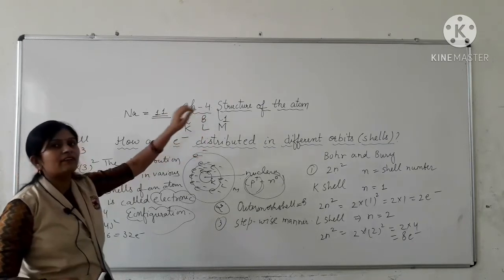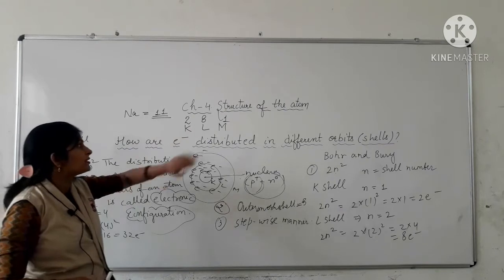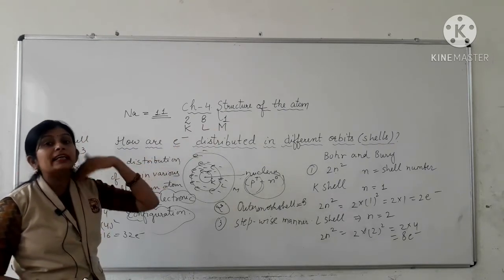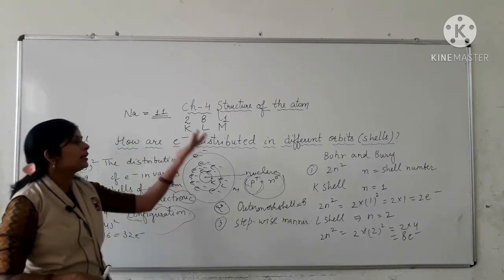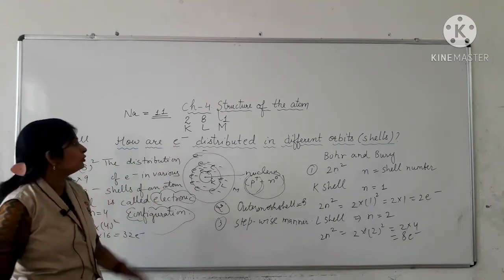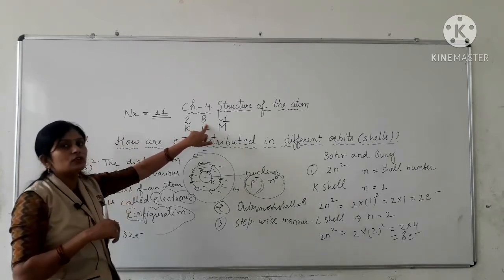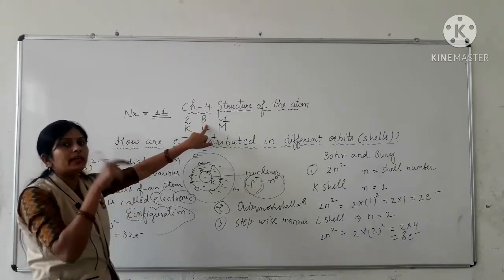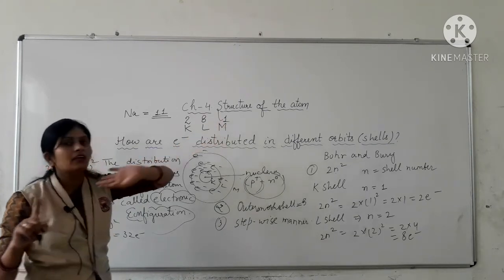L shell can have 8 electrons maximum, so it has 8 electrons, and M shell can have 18 electrons, but only 1 electron is remaining, because 2 plus 8 is 10 and the total is 11, so 10 are already accommodated in K and L shells. Only 1 electron is remaining, that will come in M shell.